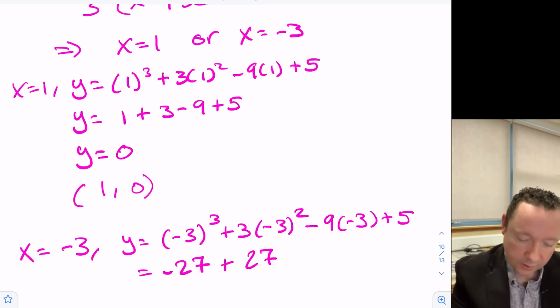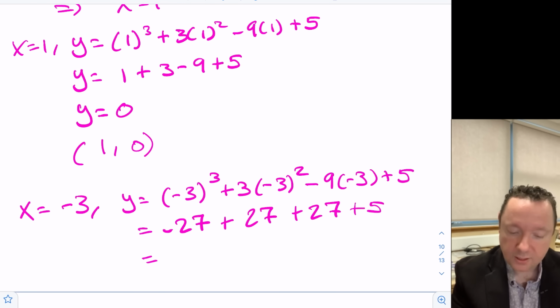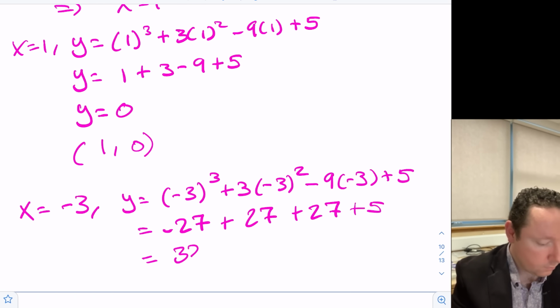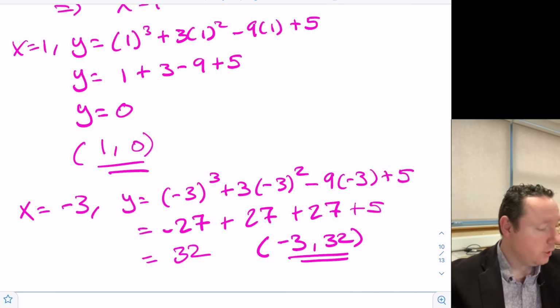Minus 9 times minus 3 is 27, but it's plus because of a minus times a minus. And then you've got plus 5. Minus 27 plus 27 is obviously 0. So then you've got 27 plus 5, 32. So your second stationary point is (minus 3, 32). So there's my two stationary points.